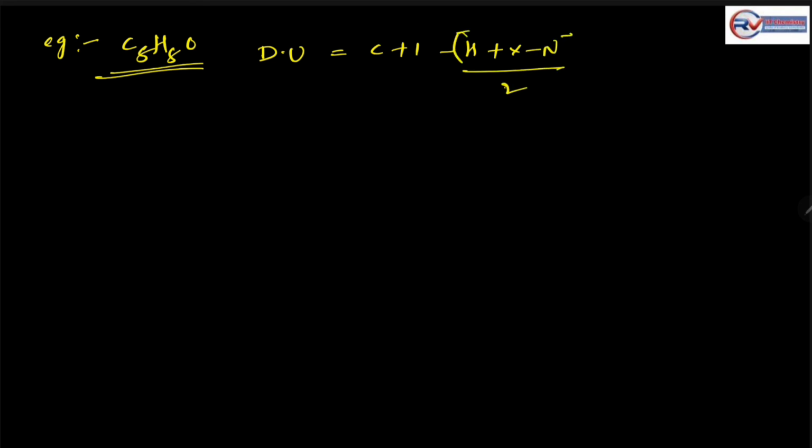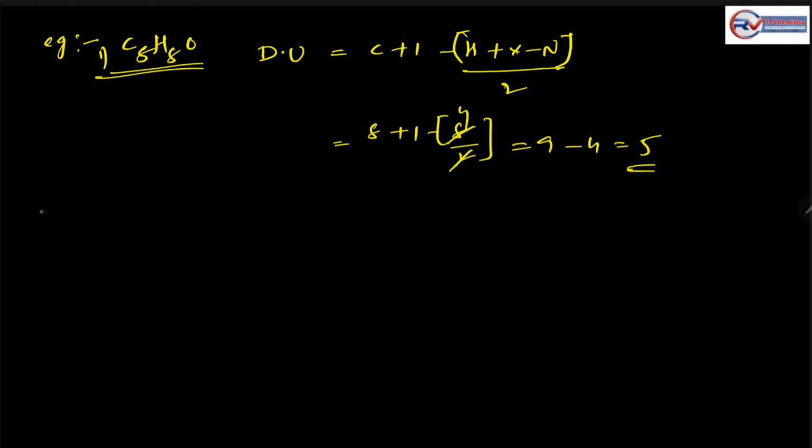Now, the number of carbons is 8, plus 1. The number of hydrogens is 8. There is no halogen, there is no nitrogen, so ignore the X and N by 2. Now 8 plus 1 is 9. 9 minus 4 is equal to 5. Its DU is equal to 5.